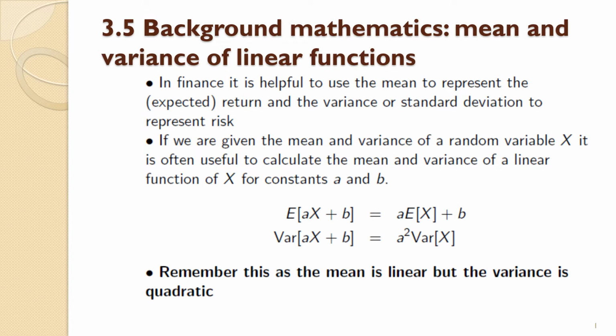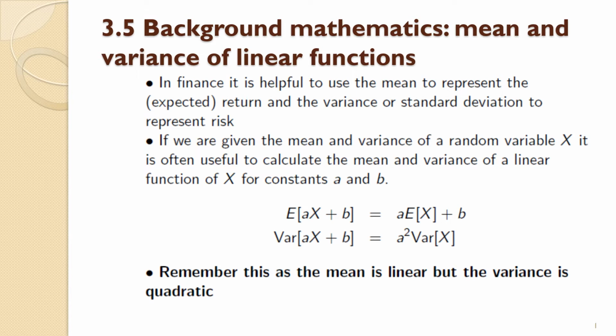If you're given the mean and variance of a random variable x, it's often useful to calculate the mean and the variance of a linear function of x for constants a and b, precisely because in the financial setting the mean would represent the rate of return and the variance would represent the rate of risk.